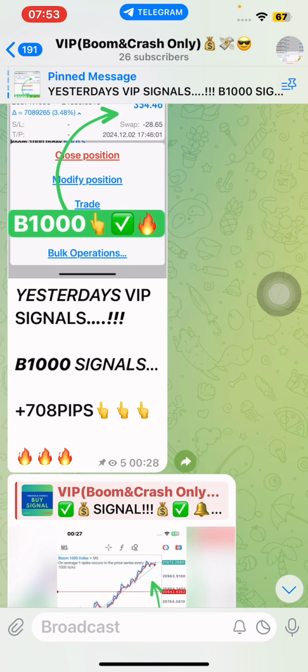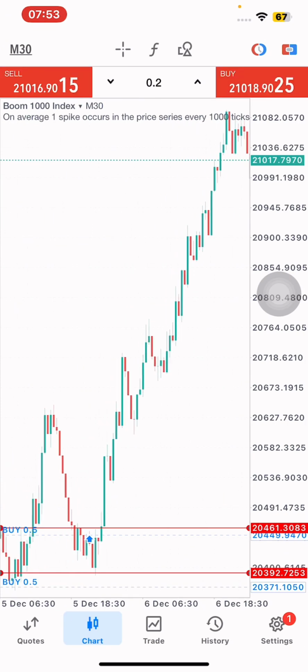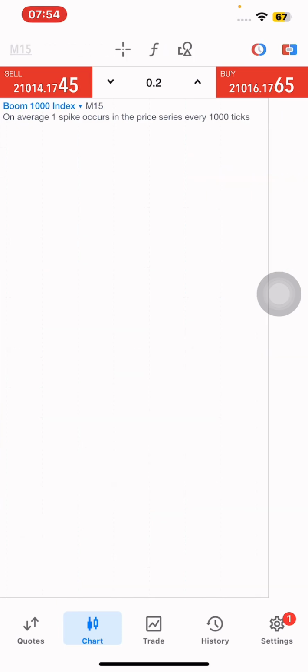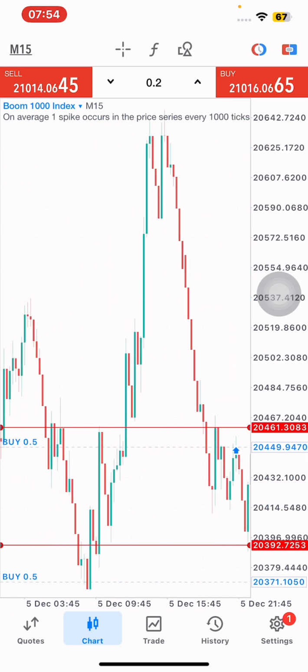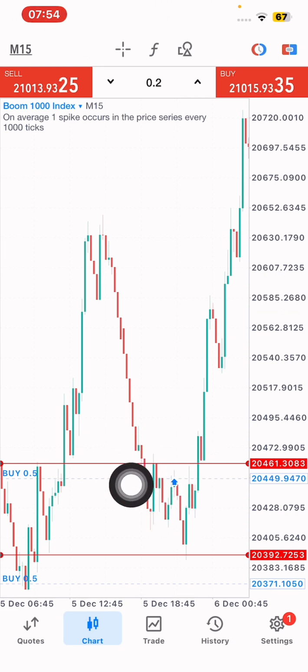So let's go back to my market structure so that I can explain how I was able to get my entry and take this good trade. As I was saying, if you come down to the lower time frame, let's go to the 15-minute chart. On the 15-minute chart, there's a break of structure at this level.